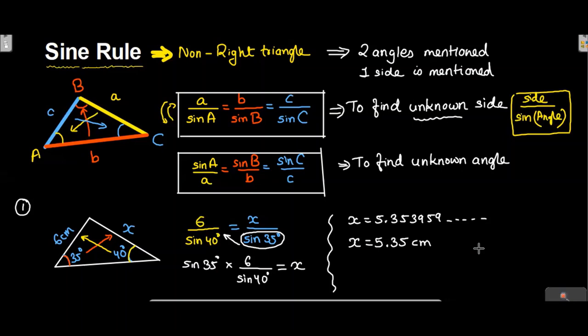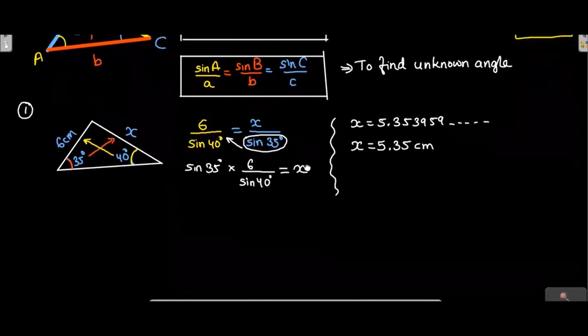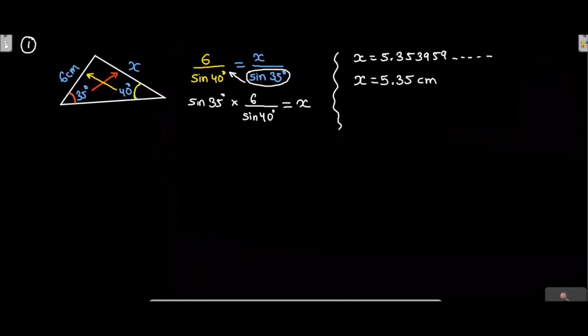So this is the first question I explained. Two more questions we will do based on this concept. Next question. If you see this triangle, again you will see that it is a non-right angle triangle.